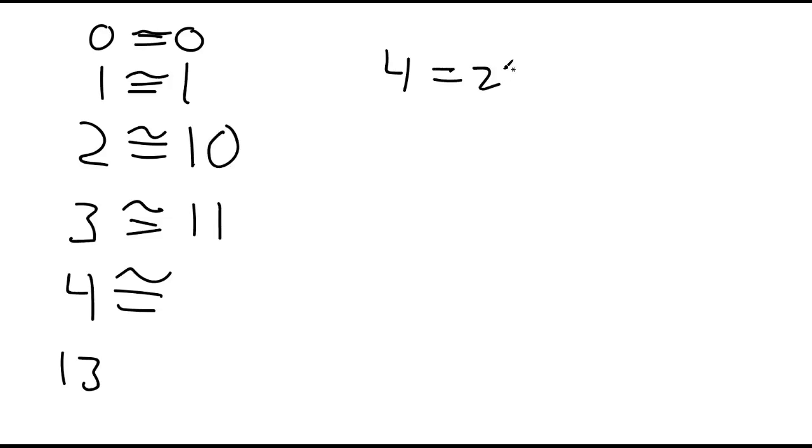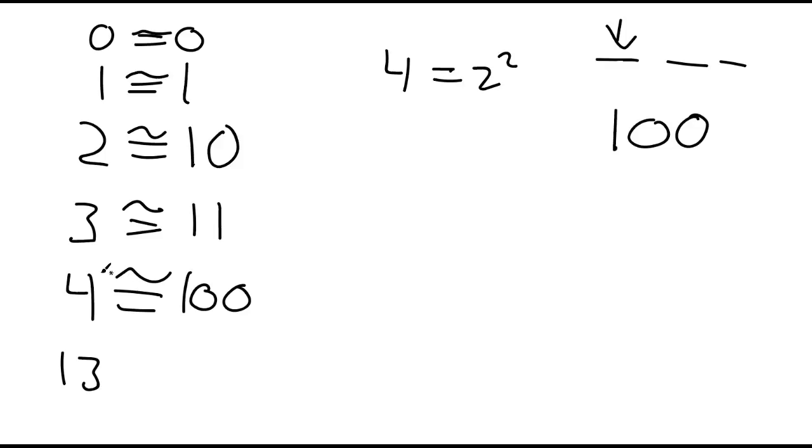We know that 4 is equal to 2 squared, which is this 3rd place right here. So the way we're going to write 4 is 1, 0, 0. So this symbol for 4 is congruent to this symbol of 4. They both mean the same thing. They're just written a little differently.